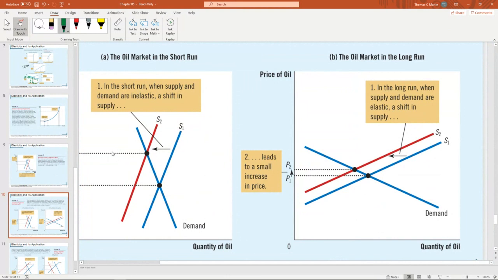So we can see it rotating around the demand curve. In this long run, we also see the demand curve flatten out. Turkey came up with additional reserves. We should see these curves flatten out.